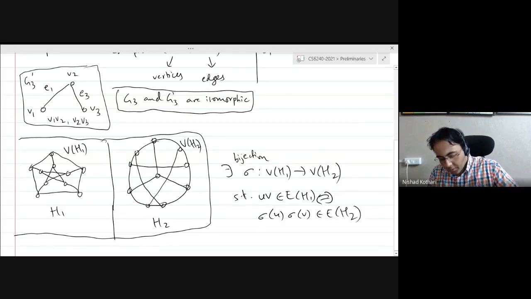So this is the definition of an isomorphism.